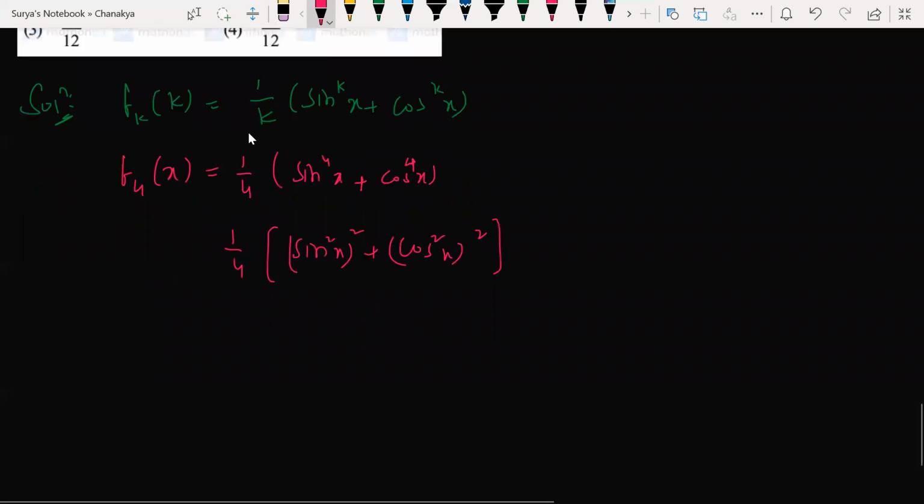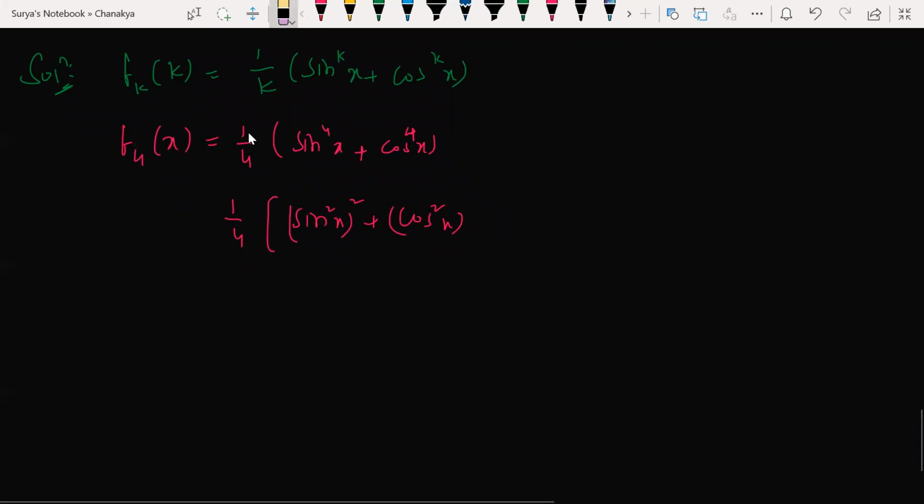So a to the power of 4 plus b to the power of 4, or else we'll do one thing. Let me write simply like this: (sin square x) whole square plus (cos square x) whole square.